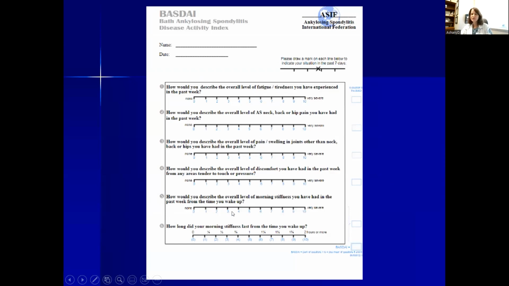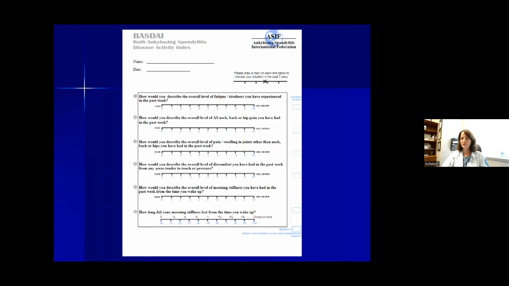If you're stiff in the morning, how long does it last? And so all of these factors are included. So you notice it's different than the swollen and tender joints that we were talking about in rheumatoid arthritis. And then also included in this, again, is the sedimentation rate and the CRP. And similarly, we get a score and we decide how active a patient's disease might be.